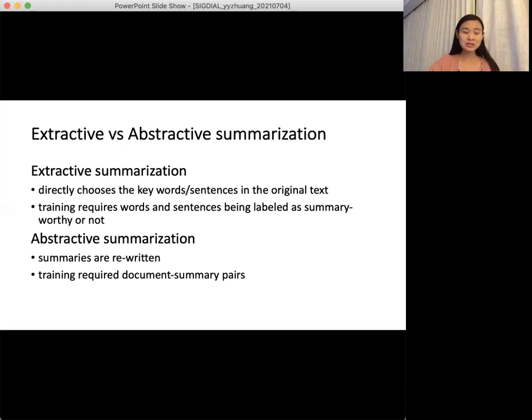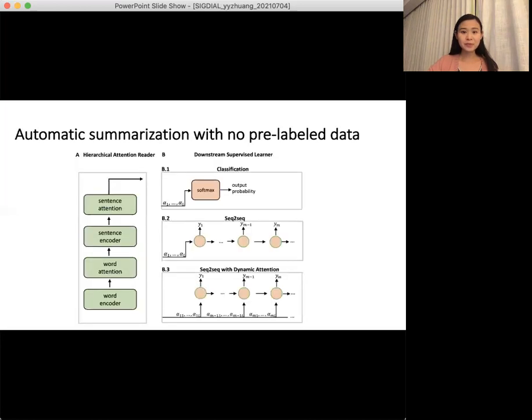Those challenges essentially motivated our work here, which is to develop a general framework for automatic summarization for scenarios where there are no pre-labeled data. In this paper, we focus on the approach of extractive summarization.